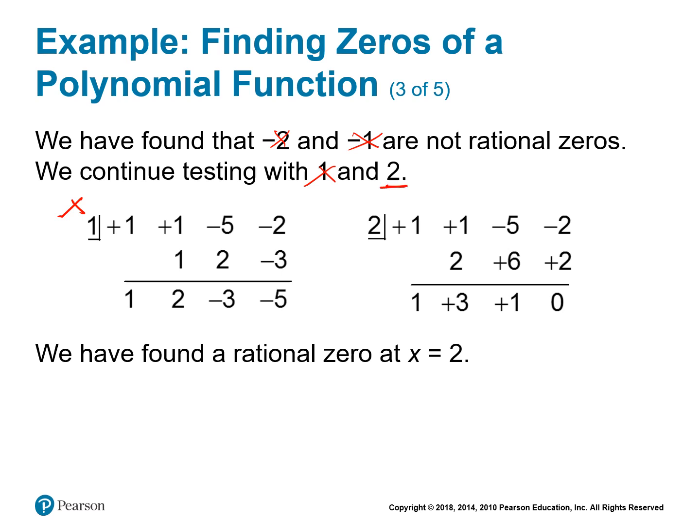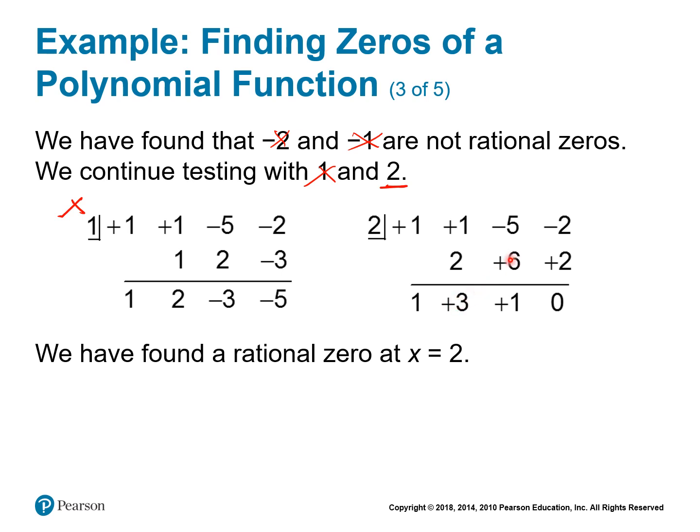So I'm going to walk through the synthetic division this time. We wrote the 1 below the line. 2 times 1 is 2. So we wrote the 2 below the plus 1 and we added them. 1 plus 2 is 3. 2 times 3 is 6. Positive 6.